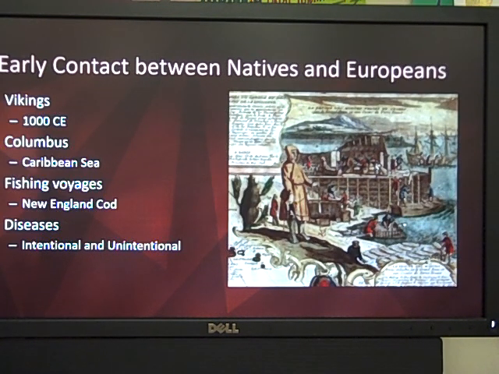You probably should understand Columbus is an Italian. He's sailing for the Spanish, though, because the Spanish were the ones willing to fund his journey. He makes 4 subsequent journeys, but ultimately dies impoverished. He doesn't find the wealth and the riches that he was looking for.